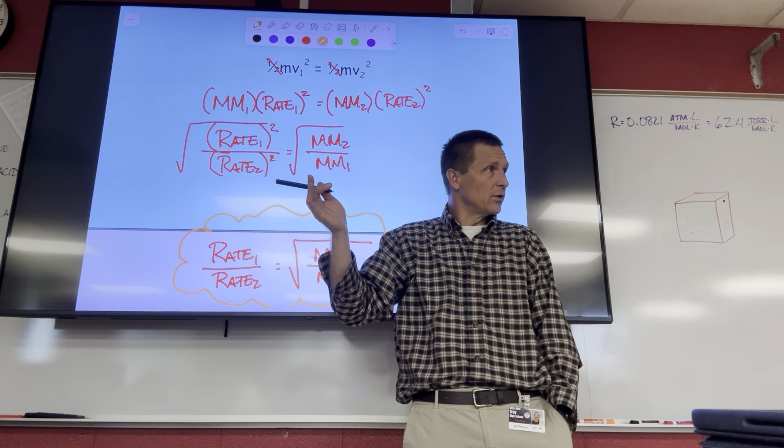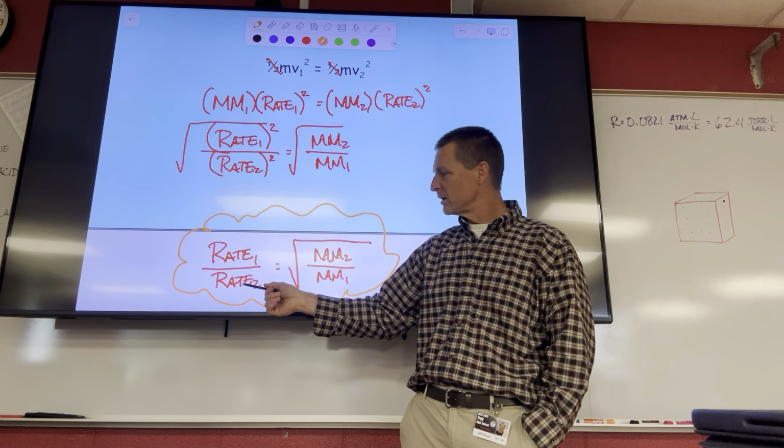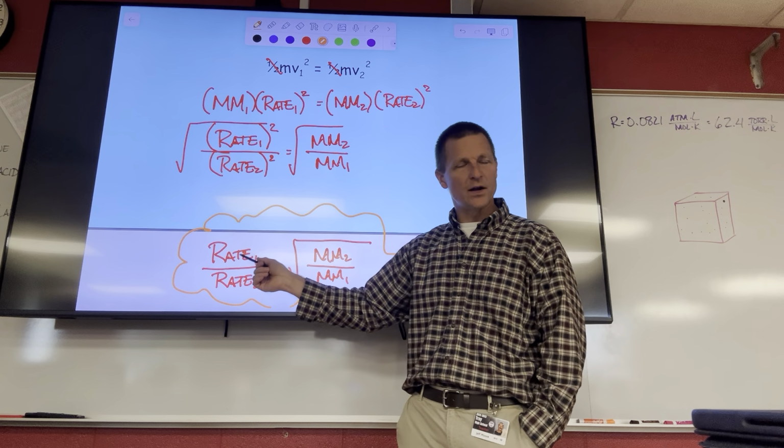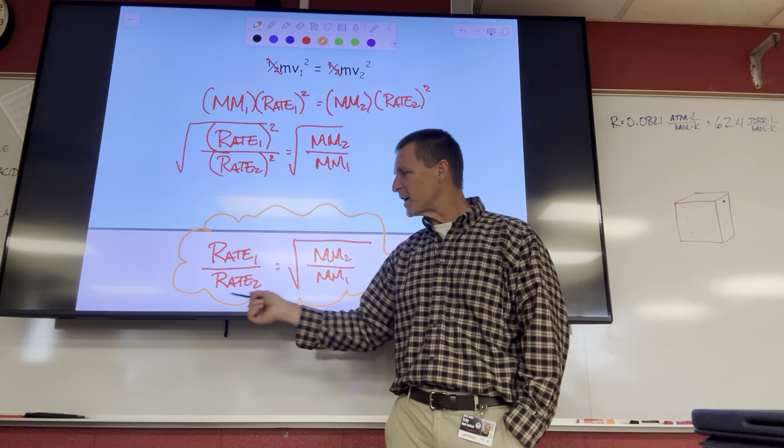So what is this telling us about the relationship? If gas 1 is faster diffusing, I'll say this again, if gas 1 is faster diffusing, that means that this left ratio is greater than 1. Would you agree with that? If gas 1 diffuses faster than gas 2, then this fraction is greater than 1. Then this must be greater than 1 as well, because the two fractions are equal to each other.